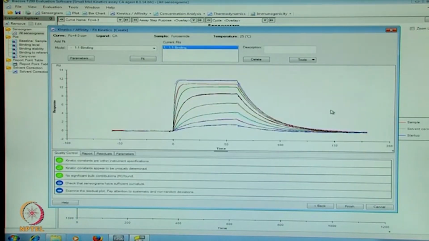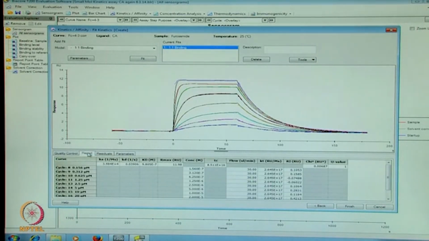So here on the quality control tab, you see all of them green and there is no significant bulk contribution found, and data is uniquely determined, and the kinetic on and off rates are within the range of the machine.